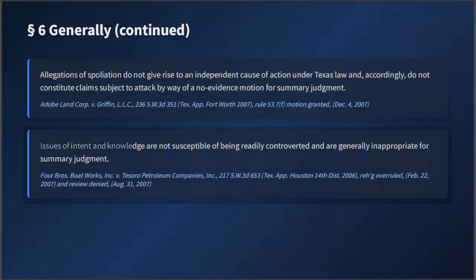Issues of intent and knowledge are not susceptible of being readily converted and are generally inappropriate for summary judgment. So issues of intent, remember the state of mind, knowledge. So that's Four Brothers Boat Works versus Tesoro Petroleum Companies, and that's out of Texas. See, it was overruled and review denied, 2007. So there it is.